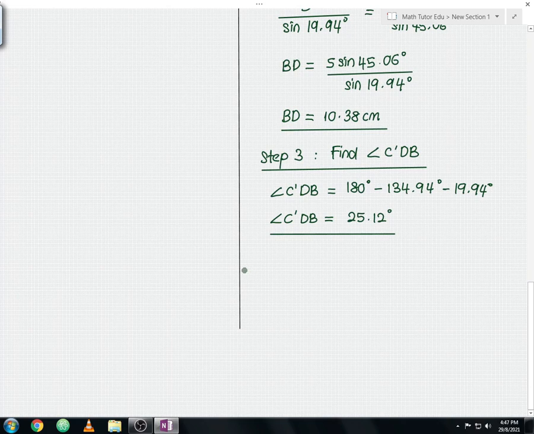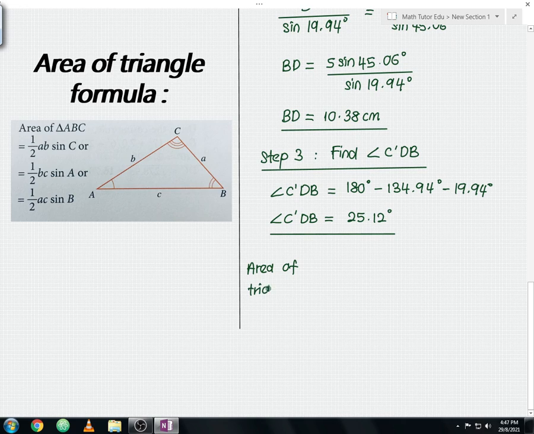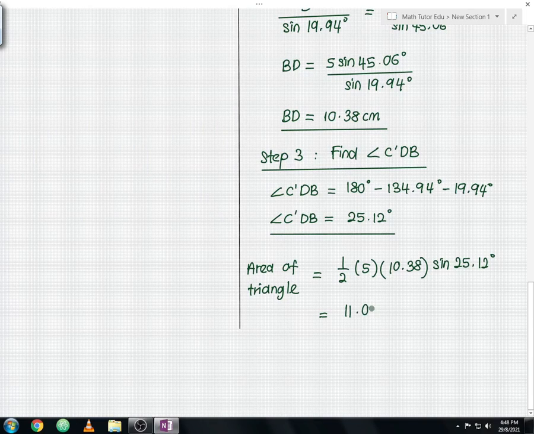Our final step: area of the triangle will be equal to half times 5 times 10.38, and then times sine 25.12 degrees. You calculate this, and from here you should get your area of the triangle is 11.02 centimeters squared. So this is your final answer for question B part 2. Let me underline the solution.